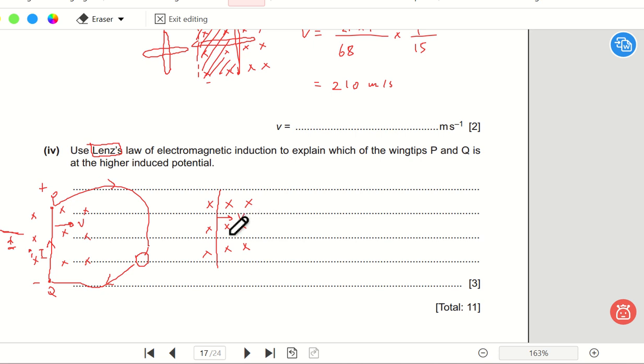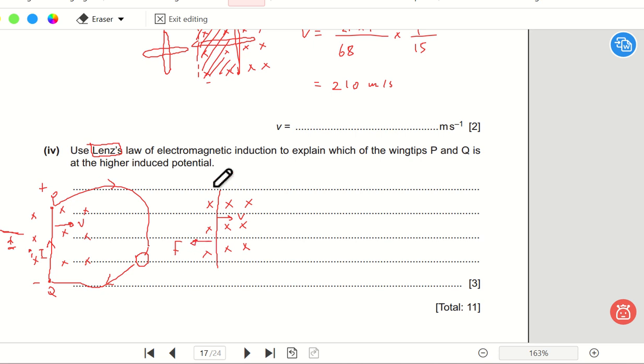So we should have a backward force. This backward force comes from a magnetic field produced by the induced current. This magnetic field repels with the Earth's magnetic field, so it applies a force on the wire or wings backward, to oppose the change of moving forward or moving to the right.